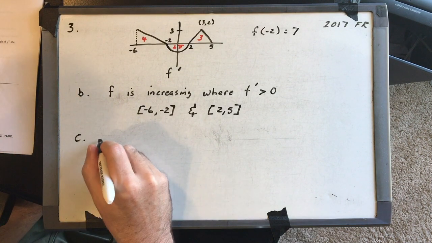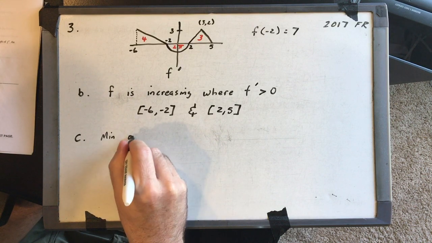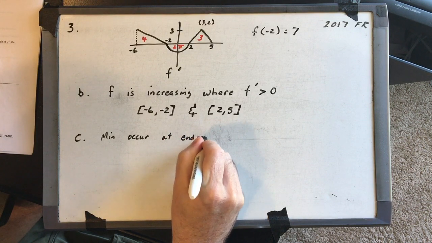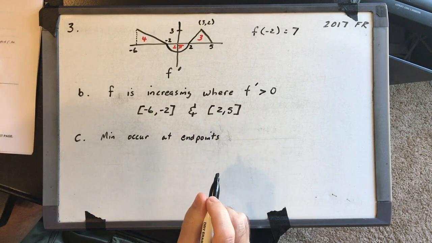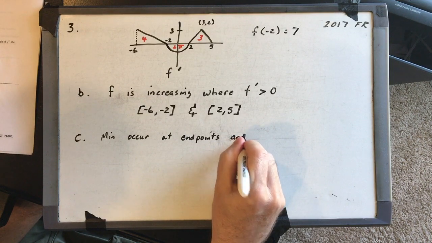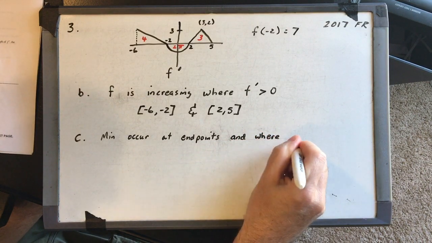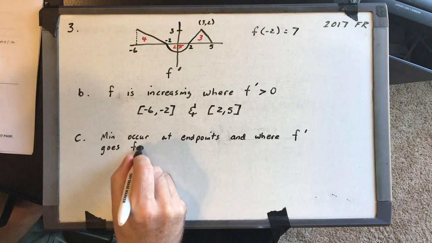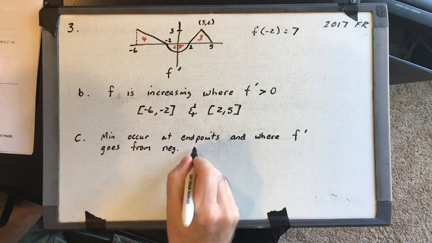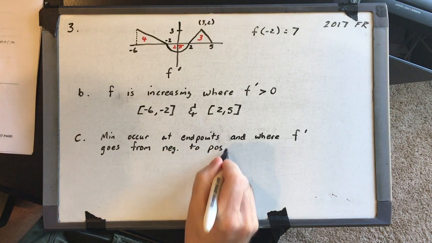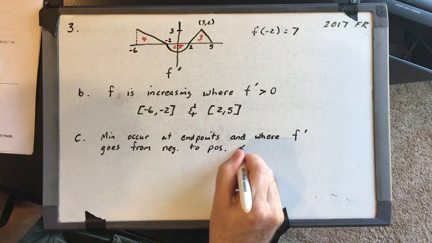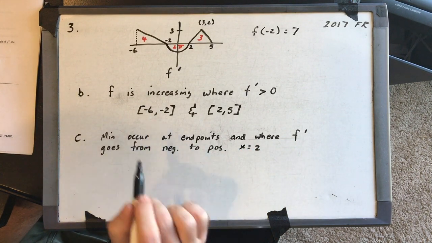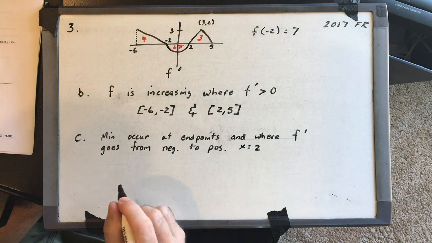Okay, well, minimums occur at endpoints, so we have to check the endpoints potentially, and where f prime goes from negative to positive. So that occurs at x equals 2. So we have to check x equals 2, and we have to check our two endpoints, -6 and 5.